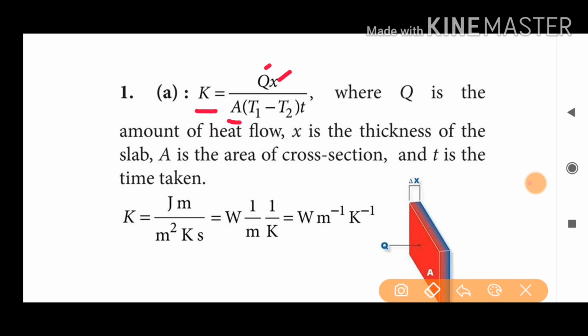We have to calculate here the rate of heat flow, so time is important here.